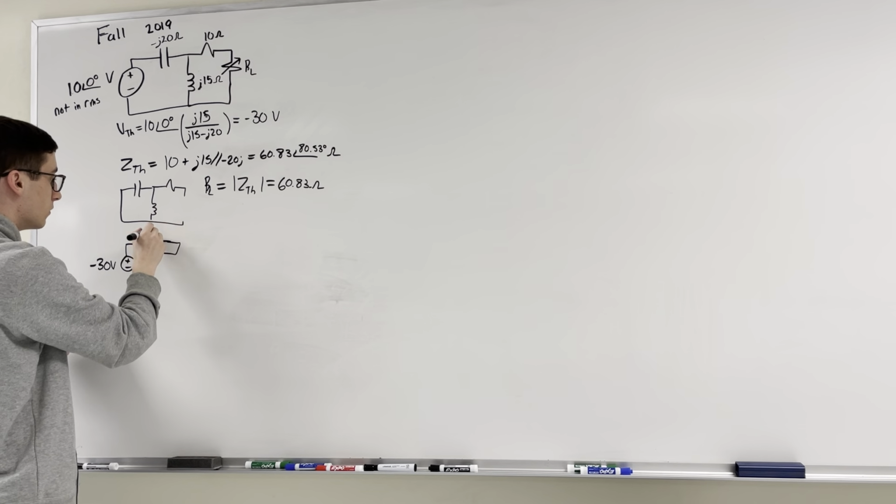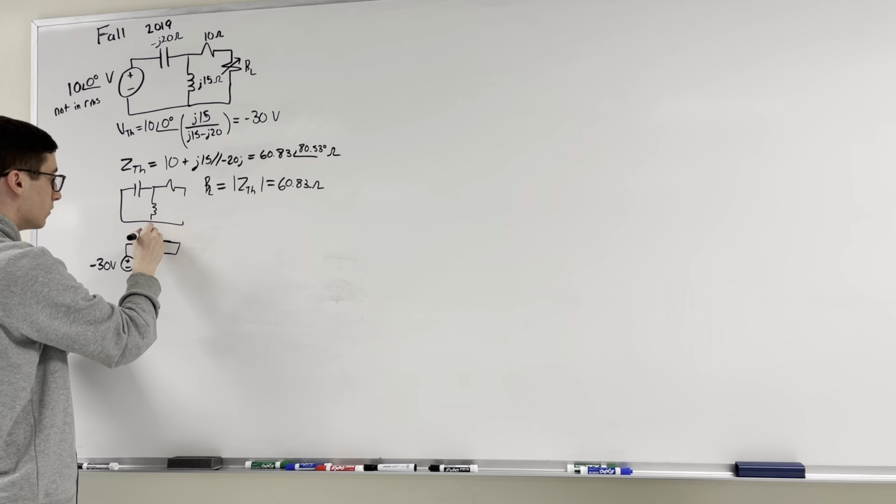To do that, it's a little complicated because we need to find the voltage across this in order so we can find the current flowing through that. To do that, we need to do some pesky nodal analysis, which everybody loves.